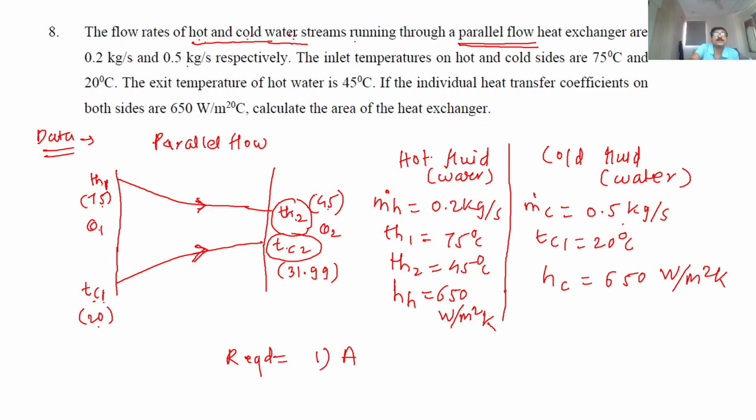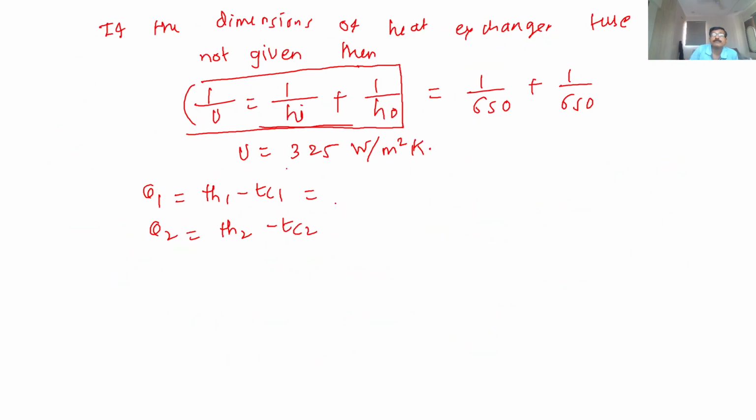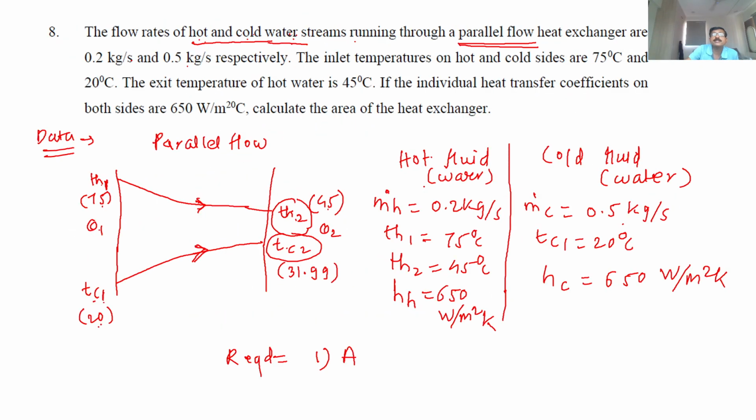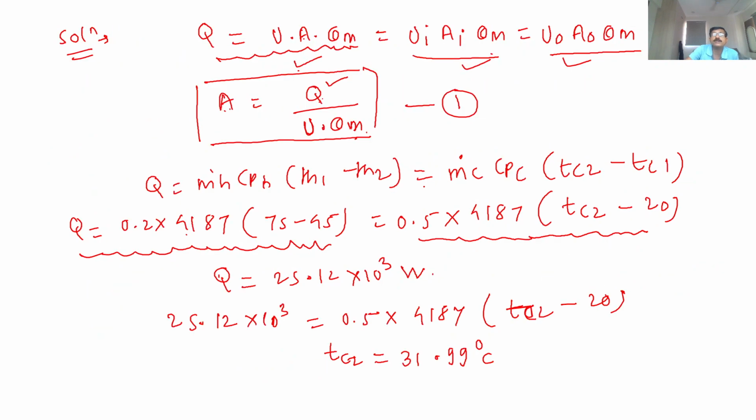So that is the benefit of writing the values on the diagram. You can directly pick the values from there. TH1 minus TC1 is 75 minus 20. You look here, 75 minus 20. And TH2 minus TC2, 45 minus 31.99.